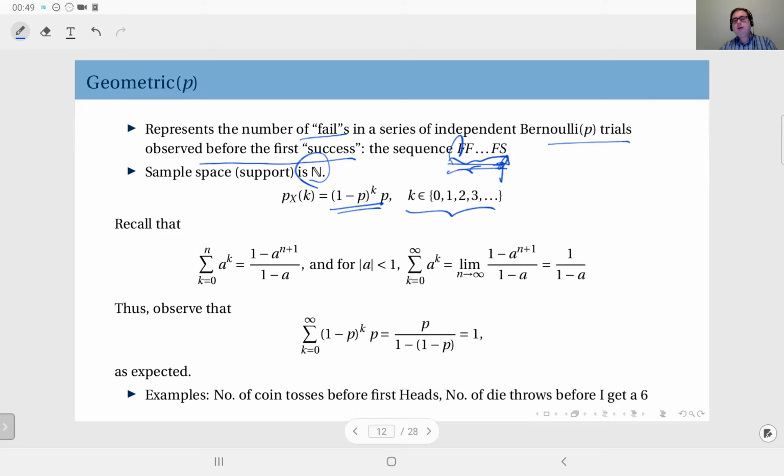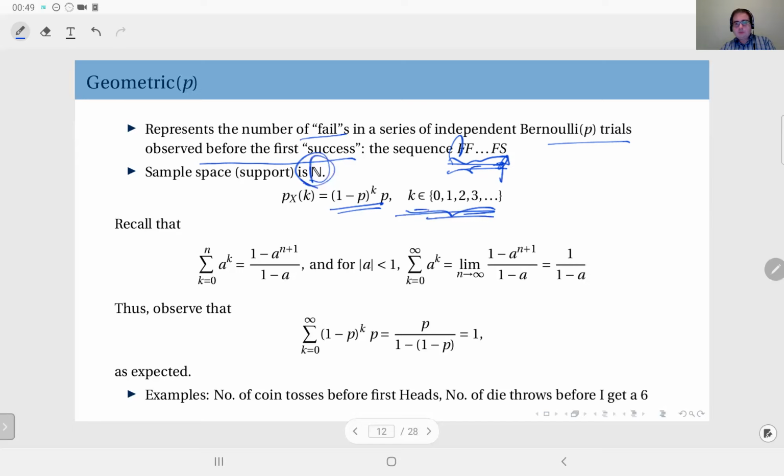The probability for that is (1 minus p), whatever p is, to the power 1 million times p. Obviously it's a very, very small probability, but it's not zero. So this random variable is not a finite random variable, in the sense that its sample space is an infinite set. It consists of all non-negative integers.